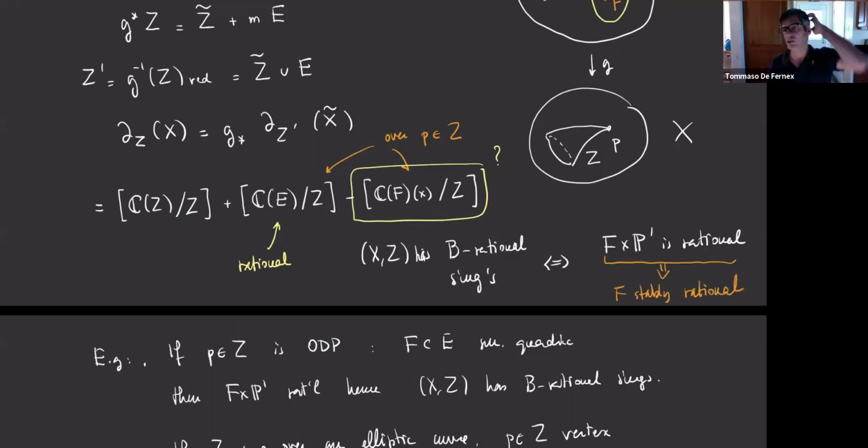So stably rational means that after you multiply by some projective space, it becomes rational. Maybe multiplying by P1 is enough. Maybe it's not. Maybe you need to multiply a little more. But the idea is that after you multiply by some projective space, it becomes rational. In particular, if it becomes rational after multiplication by P1, then it is stably rational. Yeah, absolutely. But stable rationality is going to come up again in a moment.